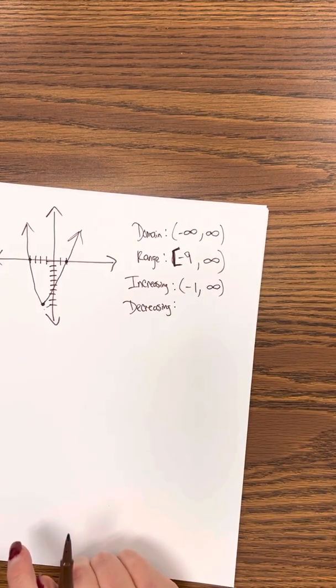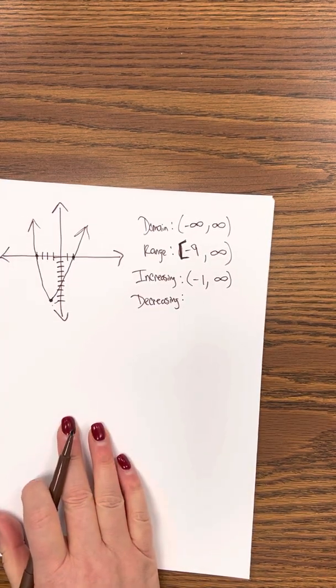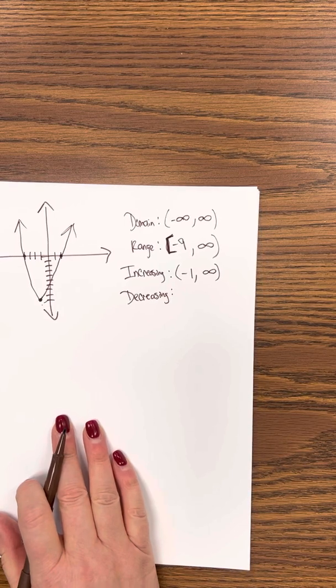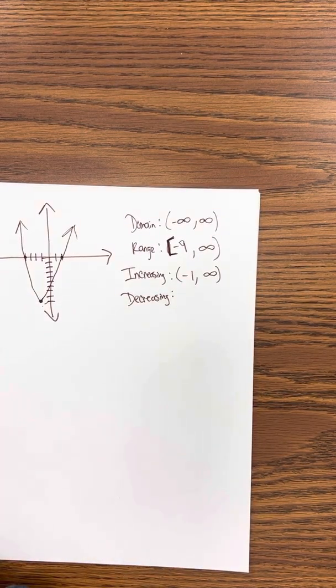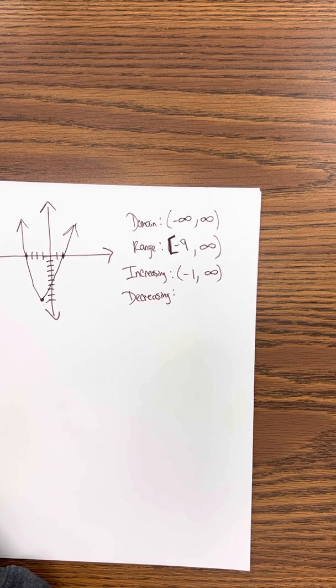And then it's going to go for your decreasing. Wait a minute. What was my vertex again? Okay, I was thinking I did my vertex wrong, but I didn't.